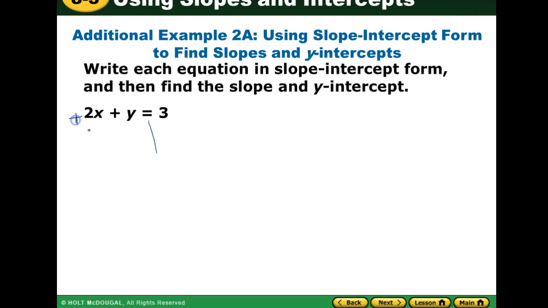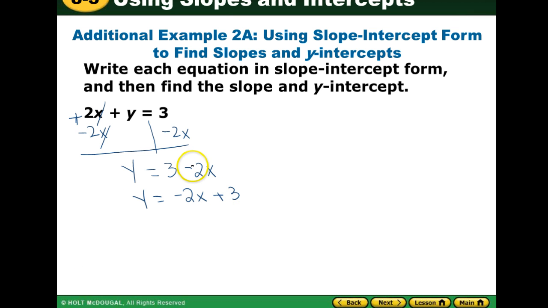Remember, this is a plus here, so we have to subtract 2x. Alright, these cancel and y will be 3 minus 2x, or to rewrite it in slope-intercept form, y equals negative 2x plus 3.